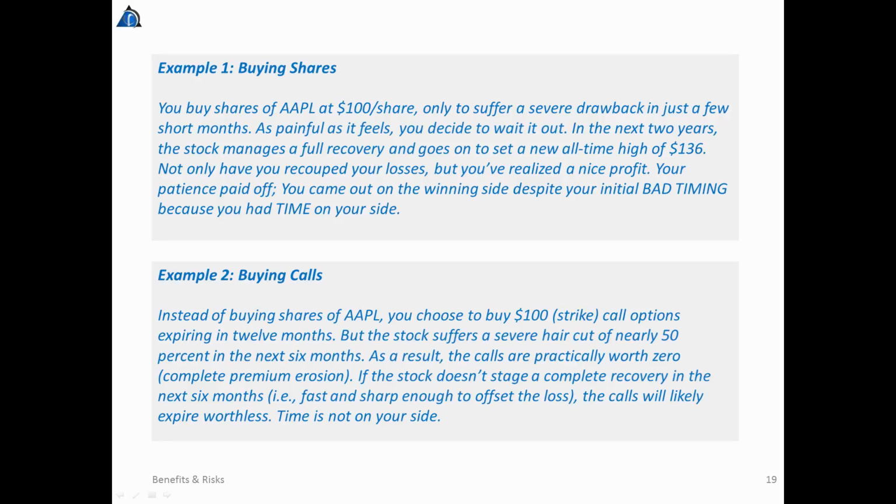Now, in example 2, imagine having bought call options instead of shares of Apple. You chose the call option having a $100 strike and expiring 12 months later. You bought them at the top of the market, the day Apple peaked. I think it was September 21st, 2012. You gave yourself ample time, a 12 month time window.